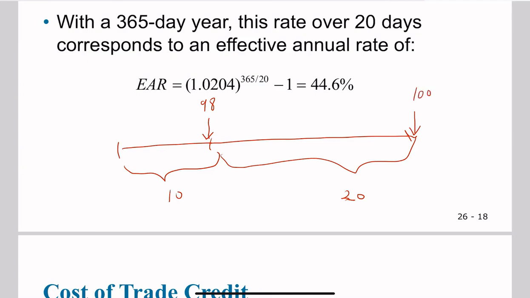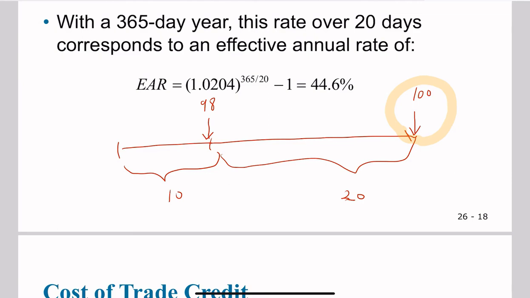So if the customer chooses this, right? This is equivalent to saying that the customer keeps $98 at the end of the 10th day and continues to use this $98 for 20 days. And then the customer will have to repay this $98.